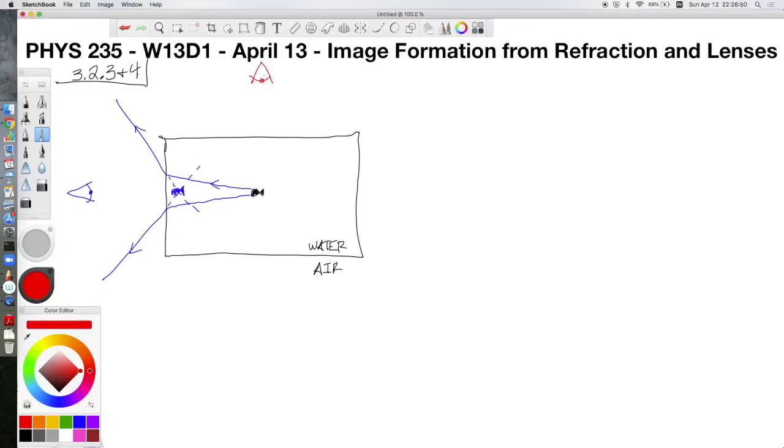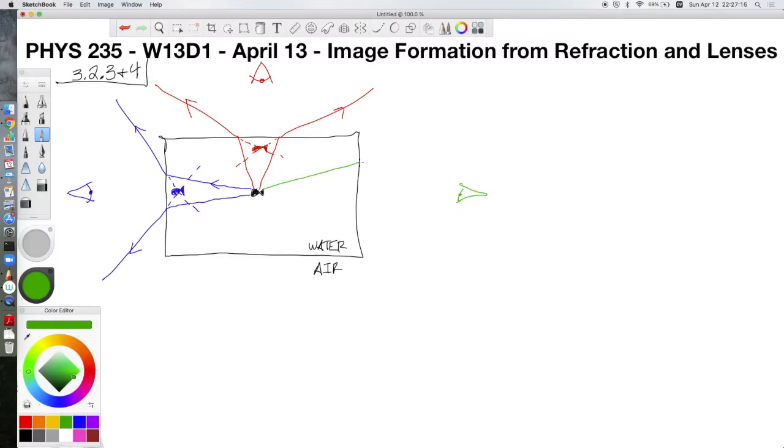If we look in from the top of the tank, we can draw our light rays again coming from the fish, bending outward away from the normal because of Snell's law, and then we can trace our rays back to determine the location of the image of the fish. Let me do this one more time on the far side of the tank if our view were out over here.